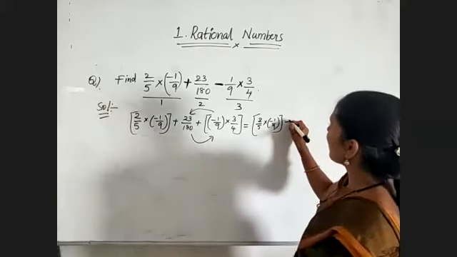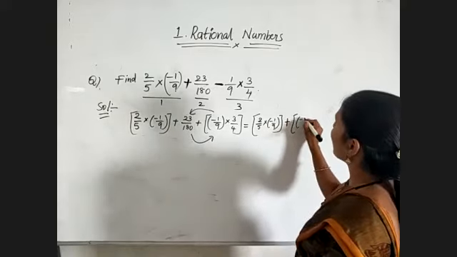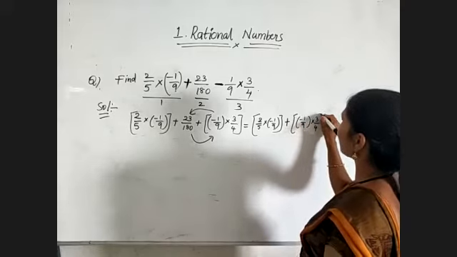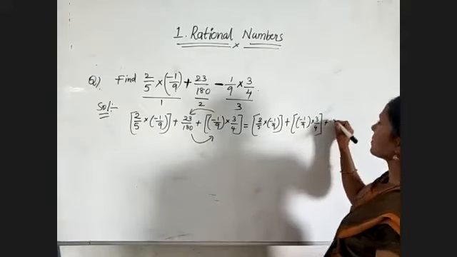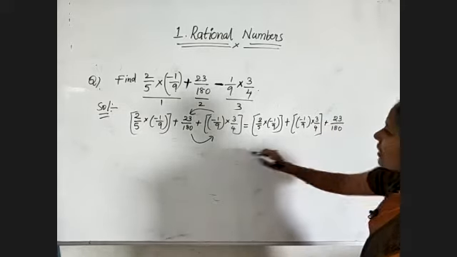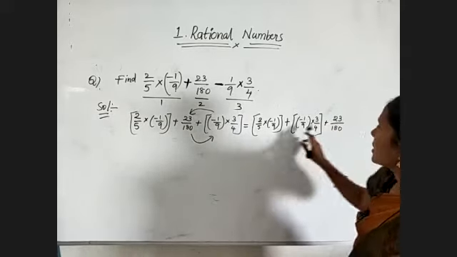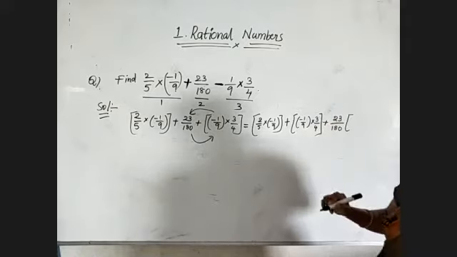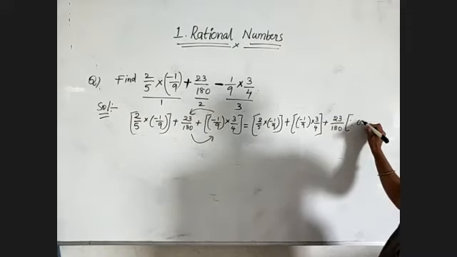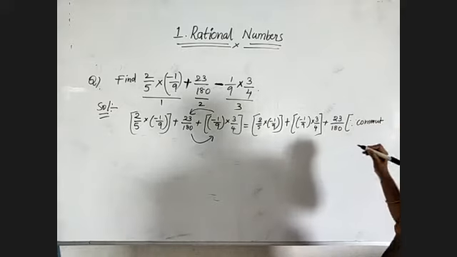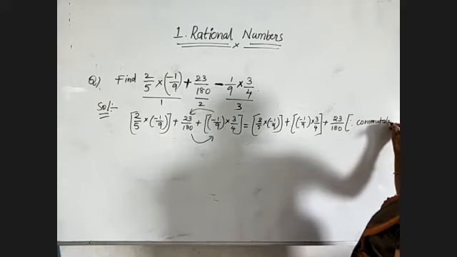So that is plus of minus 1 by 9 into 3 by 4 plus 23 by 180. I have interchanged the position of the second and third number, so it comes under the commutative property: A plus B is equal to B plus A.